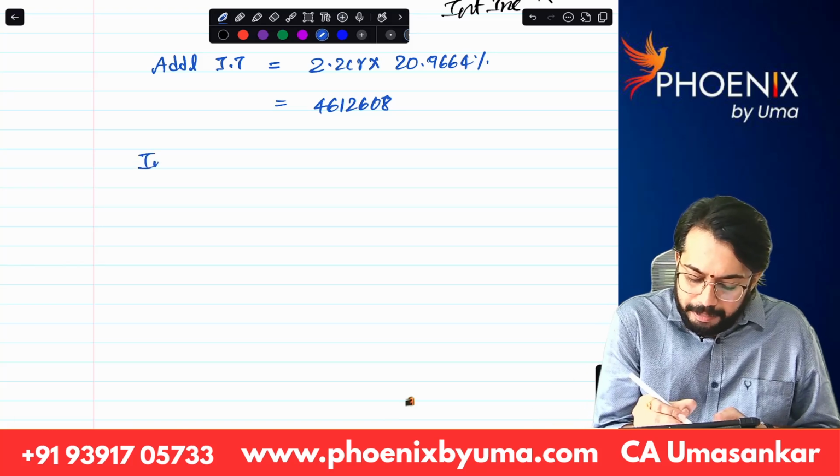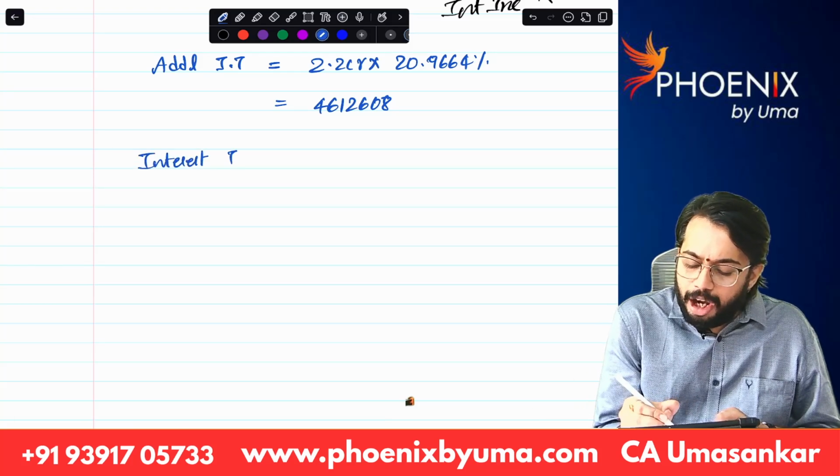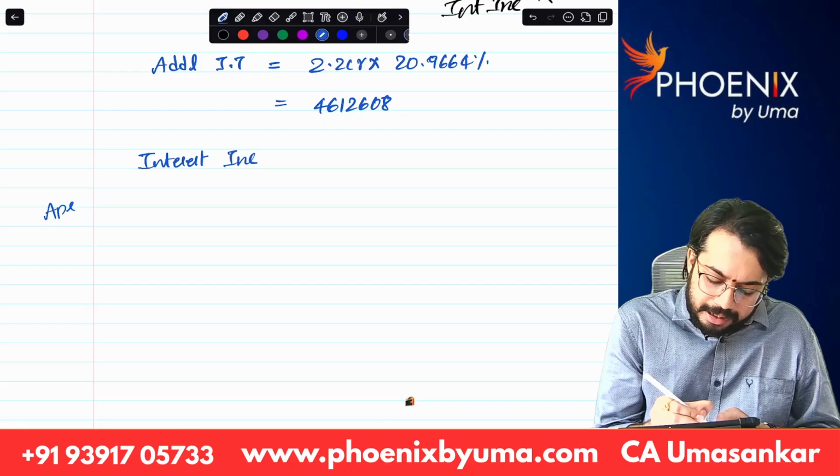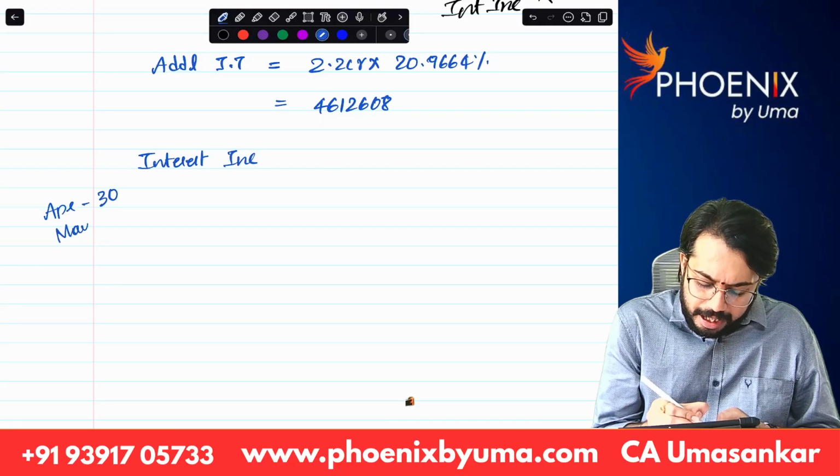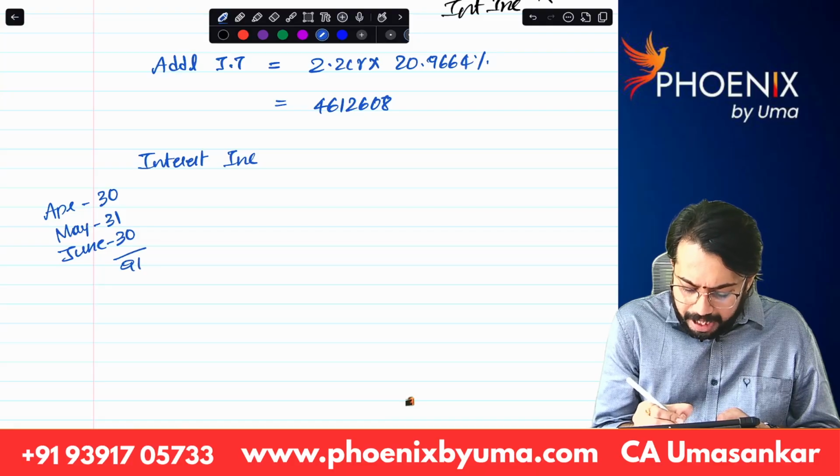Next, interest income. Interest income will be added for how many days? April 30 days, May 31 days, June 30 days. So total 91 days, correct?